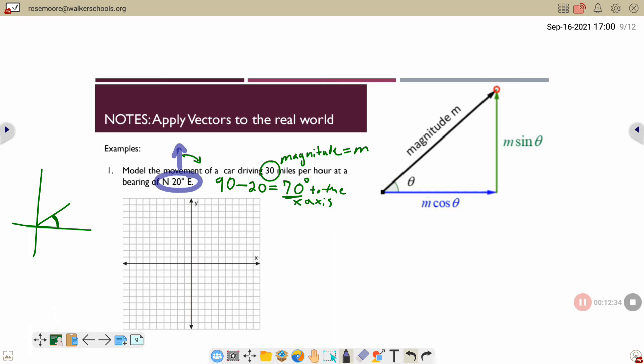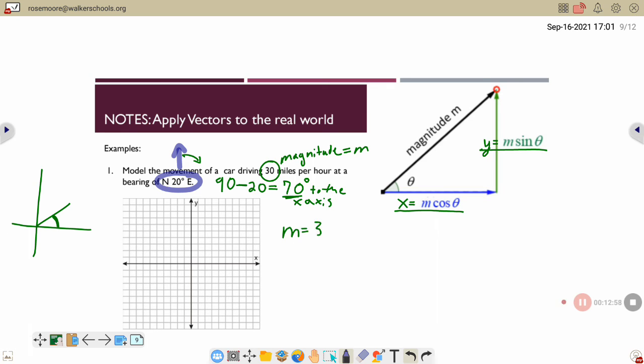Over here are my formulas. I have 2 of them. Why do I have 2 of them? Because I have an x value for my coordinate point, and I have a y value for my coordinate point. The x formula is m cosine theta, and the y value is m sine theta. What are we using as m?